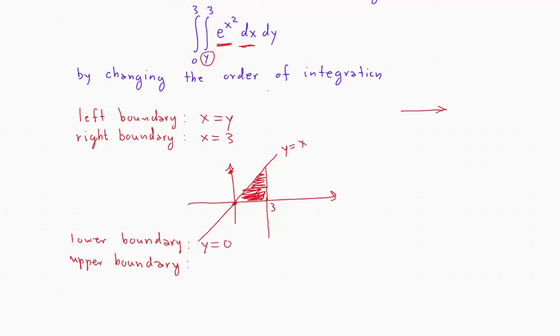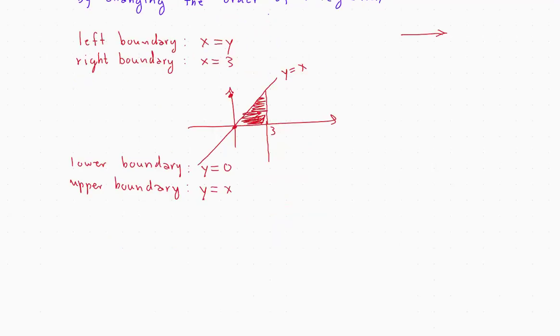So we solve for y, so it's y equals x. Now we have everything that we need. So the inner integral is going to be from 0 to x of e to the x squared dy. We're integrating vertically. And the outer integral is going to be 0 to 3, because this is the horizontal range of all these vertical integrations.